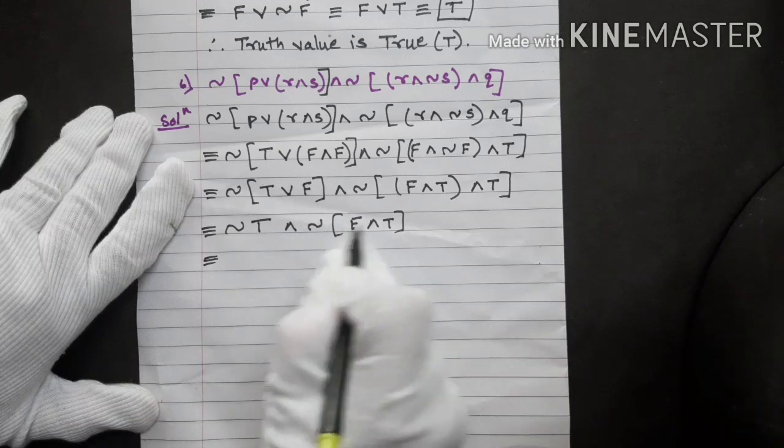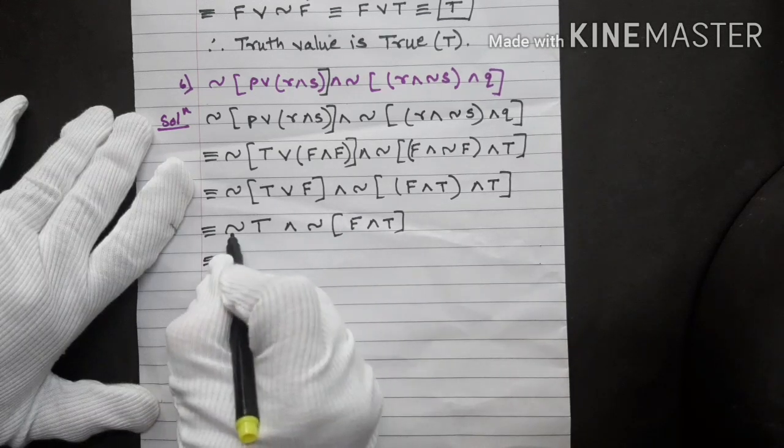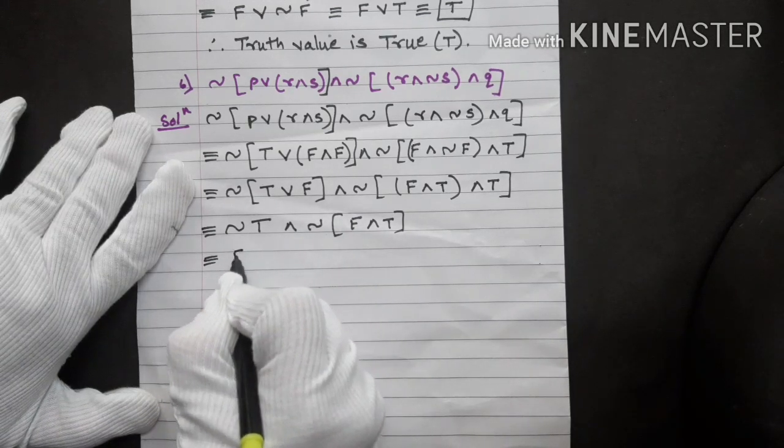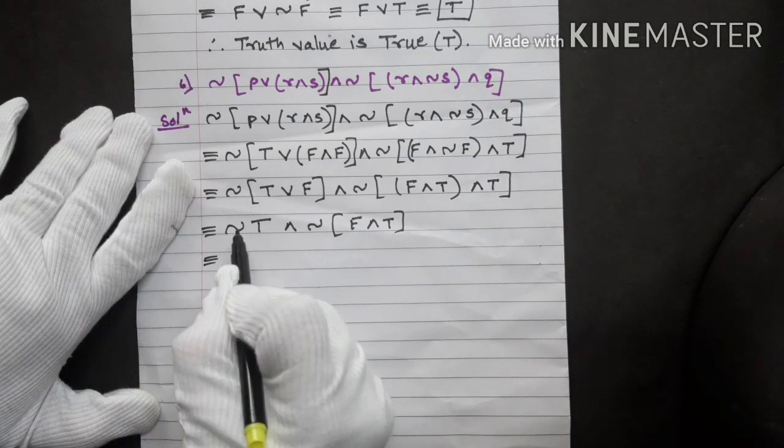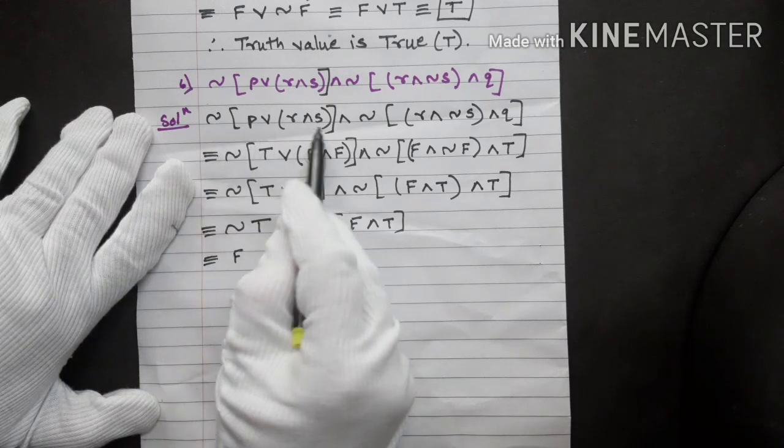So we'll have to solve this bracket first. This we can write negation T is F, correct? This negation is only for this bracket.